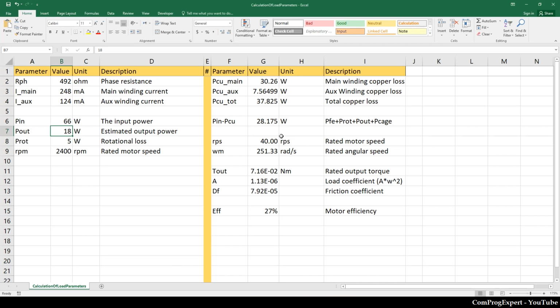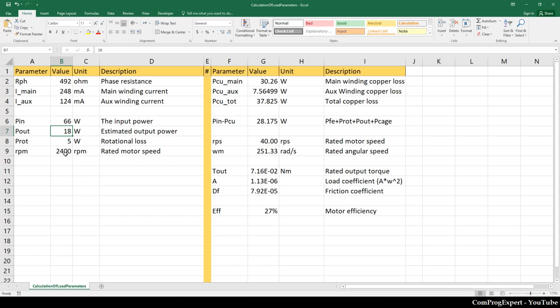Because this difference is 28, if we assume 10 watts for iron losses, rotor cage losses and rotational losses, we can say that our output power is equal to 18 watts. This is an example because I want to run the simulation and calculate the steady state speed.